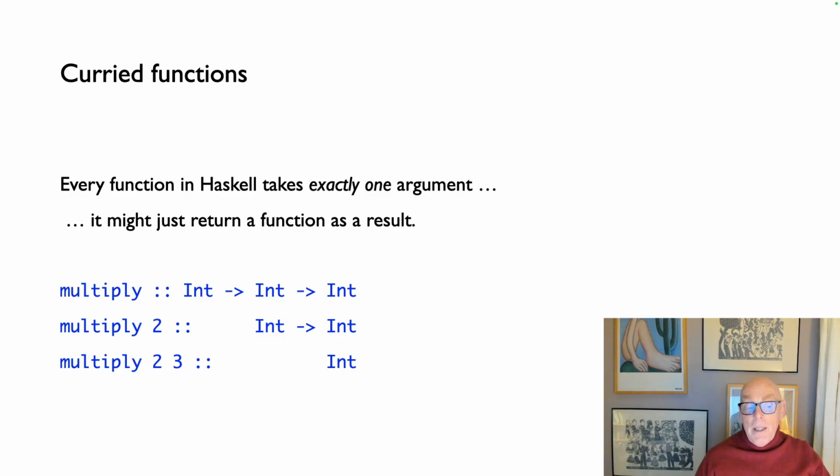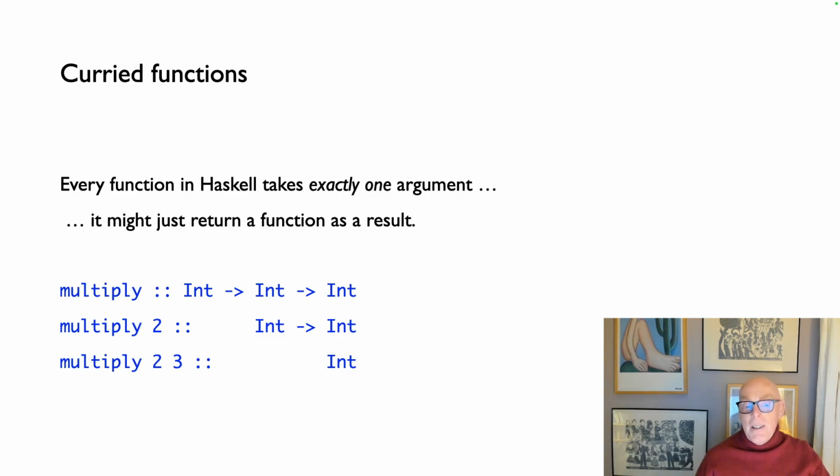So when we apply the result to 3, we get an integer. So what we're doing here is we're applying multiply first to 2, and then we're applying the result, multiply 2, to 3. So every function takes exactly one argument. This is called curried function representation after Haskell Curry, the Haskell in the name of the programming language we're learning.